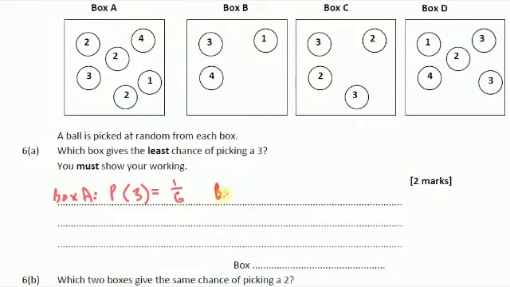And for box B, probability of getting a 3 is 1 out of 3. And box C, will be 2 out of 4.